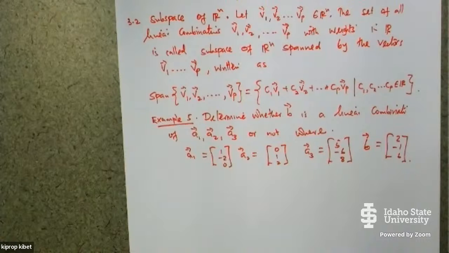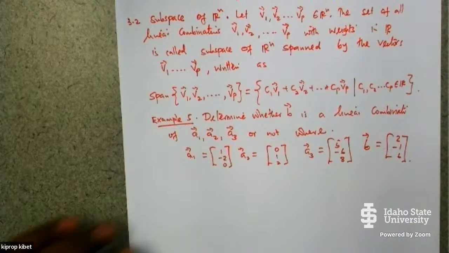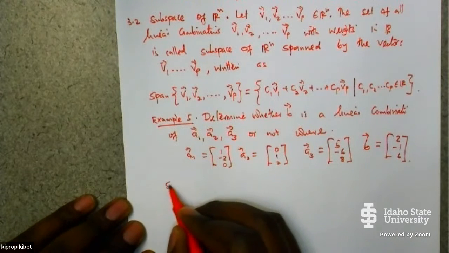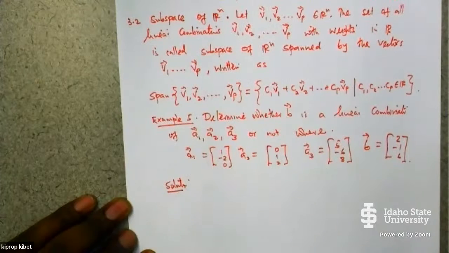To get a solution, the last row should not be contradictory. If it is contradictory, the linear system is not consistent, and therefore these vectors are not linear combinations. That means we don't have a solution. So how can we solve this?